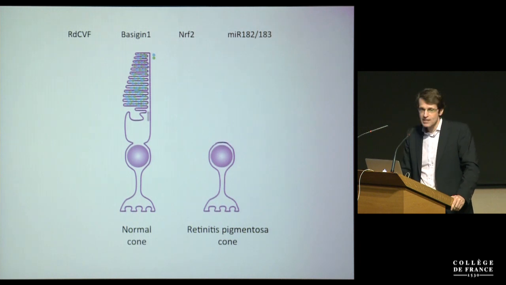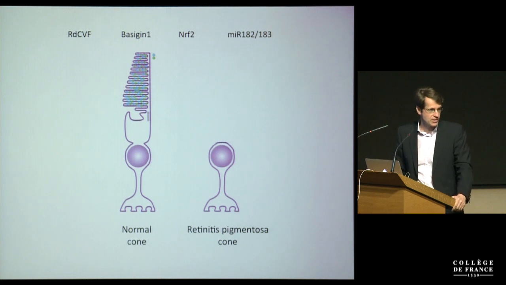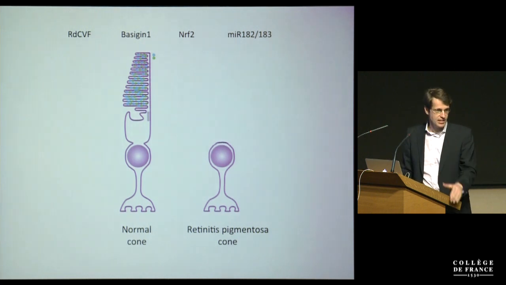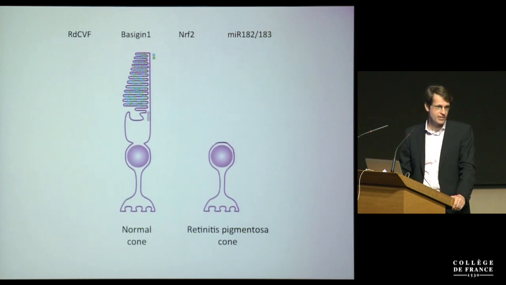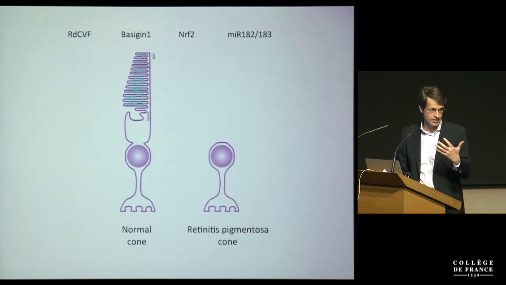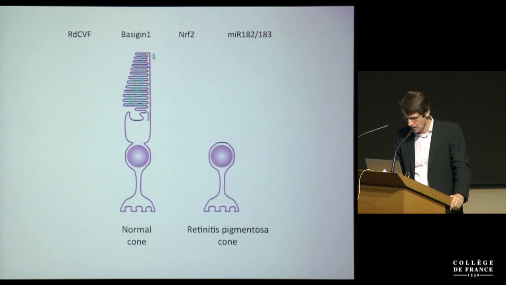And we have been thinking that some of these might be able to preserve light responses, depending on the stage. If we combine these molecules, including our microRNAs, with optogenetic therapy, perhaps it can result in better light sensitivity, and this is something that we are currently testing.